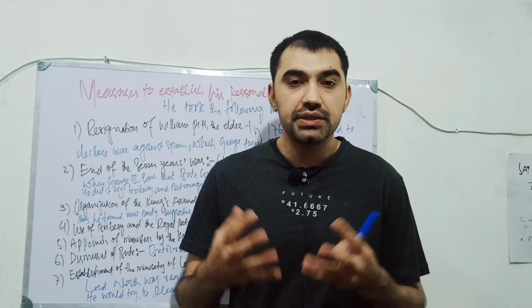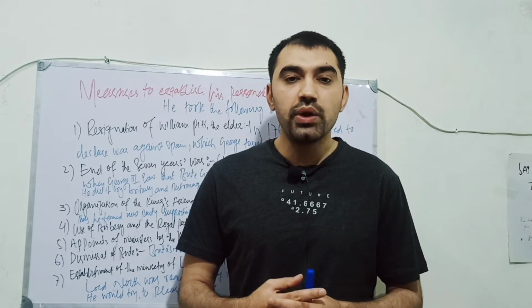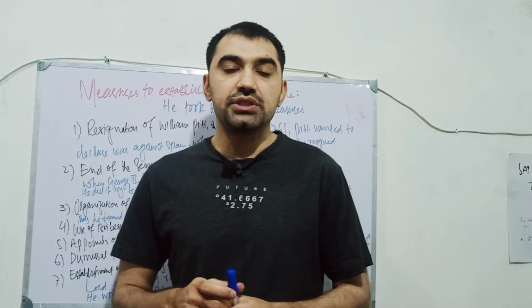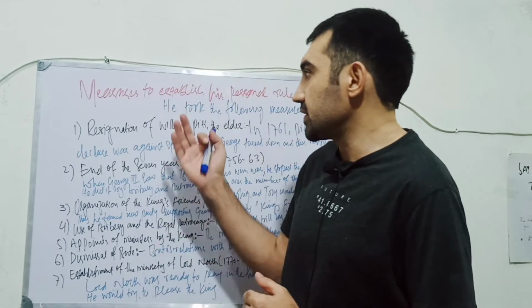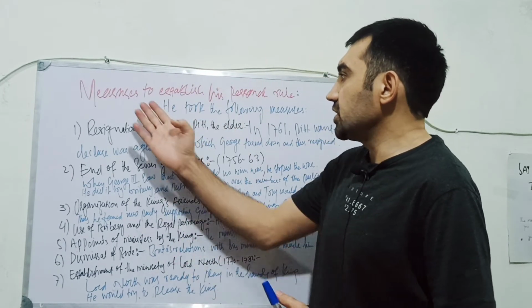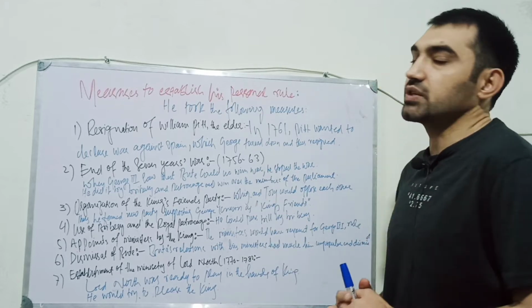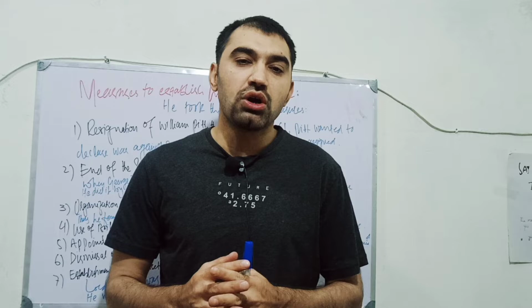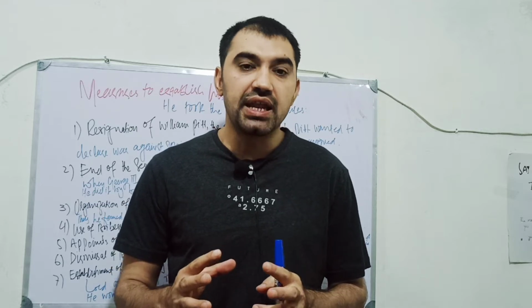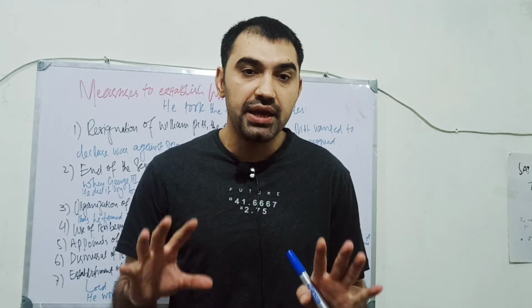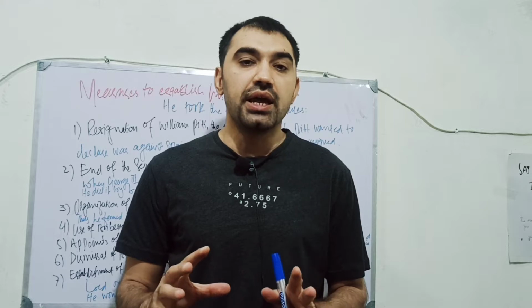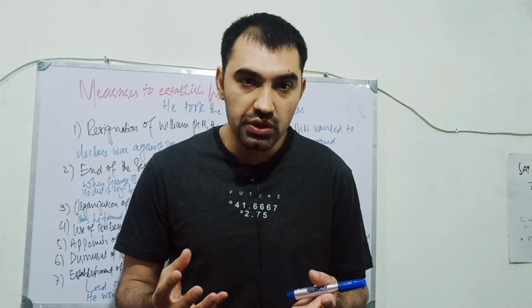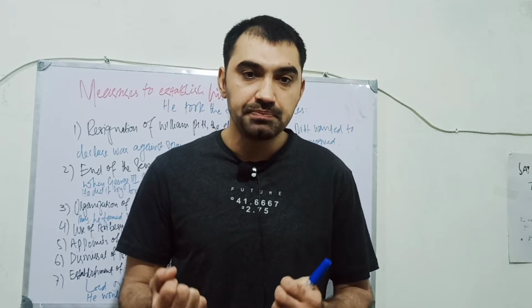So, now we are dealing with the second part of George III's era, and that is the measures to establish his personal rule. Previously, we talked about the circumstances, like how the situation was made in such a way that his personal rule was established.